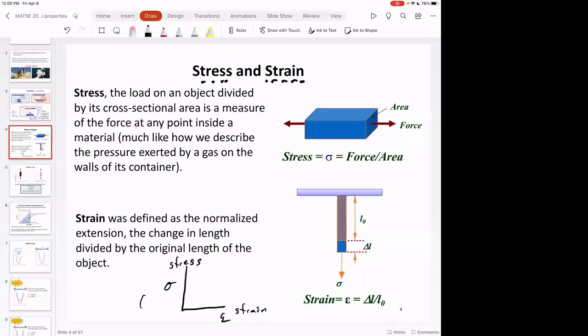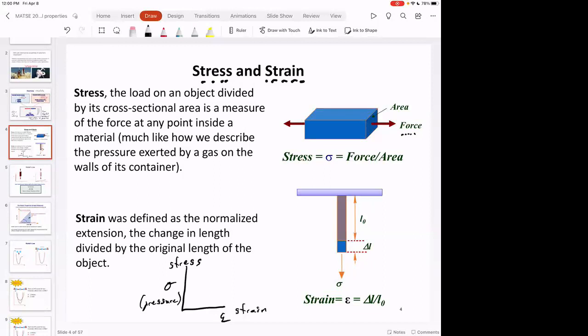So the unit is going to be pressure. So if you're feeling lots of stress, you feel under pressure, right? That's how I remember it, or force per unit area, which is a normalized load. So you pull on something with a defined force, and depending on the cross-sectional area of that thing, that's the stress or the pressure you're putting on it.